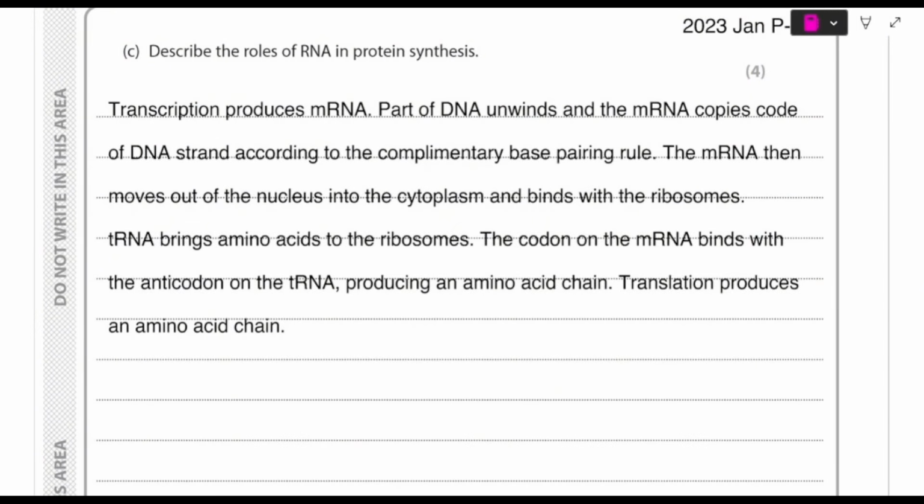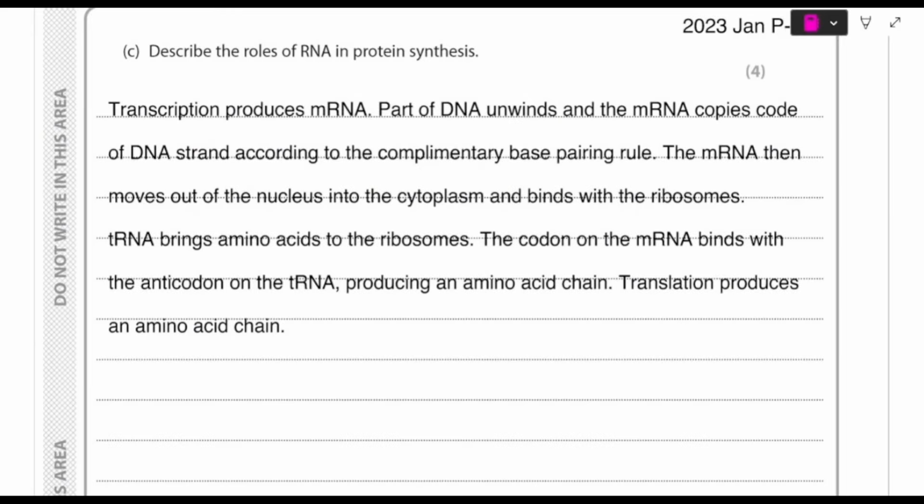So like this, transcription produces mRNA: part of the DNA unwinds, and mRNA copies the code of DNA according to the complementary base pair rule. Like if there is A in DNA, then there will be U in the mRNA. Then the mRNA moves out of the nucleus into the cytoplasm and binds with ribosomes. tRNA molecules bring amino acids to ribosomes.